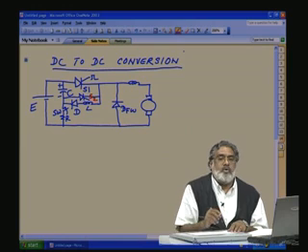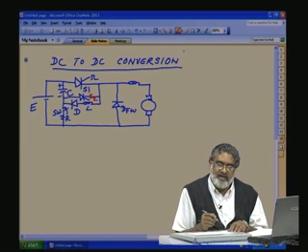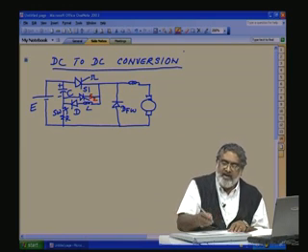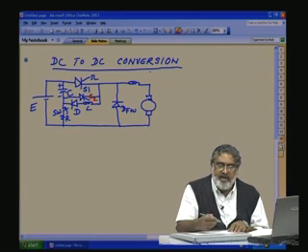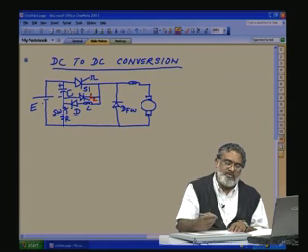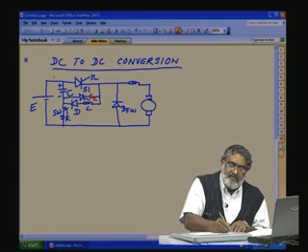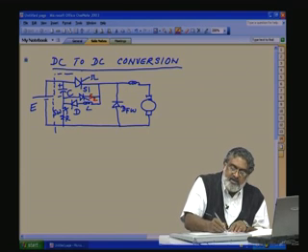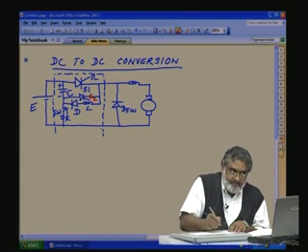Now, how does the chopper work? This is a buck converter. That means we can have variable DC voltage less than the input voltage E. So, this is a DC to DC converter, buck converter. This whole thing will act as the commutation circuit, including the switch S1.